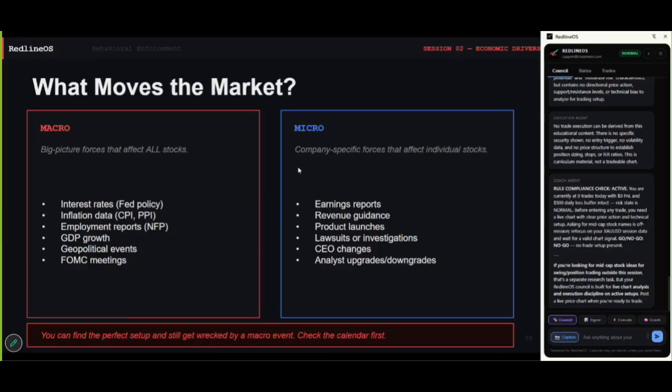We also have inflation data. CPI is Consumer Price Index. Consumer Price Index pretty much calculates what the price is right now compared to what it was last month. And we have this number come out every single month. The PPI is the Producer Price Index.